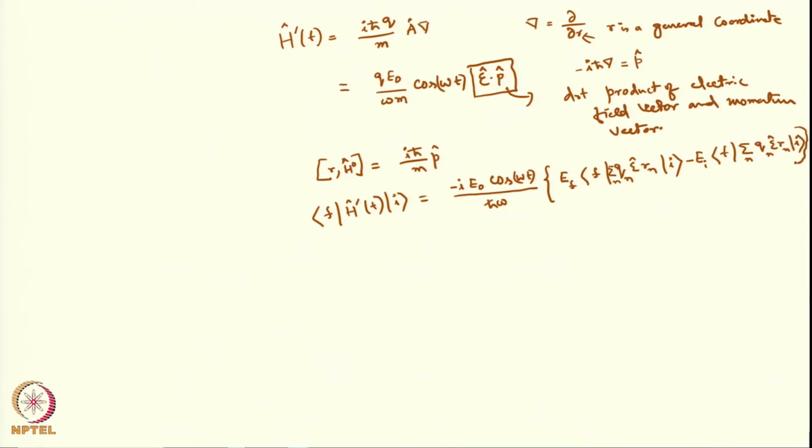Now, you will see that sigma over n q_n r_n is nothing but the dipole moment mu of the molecule or the atom. So this just tells you how the charge is distributed.